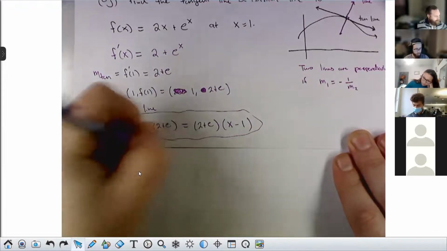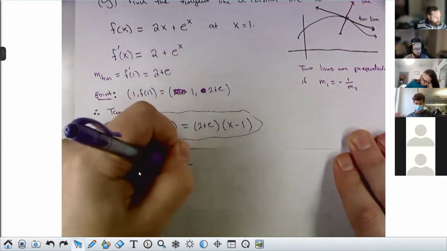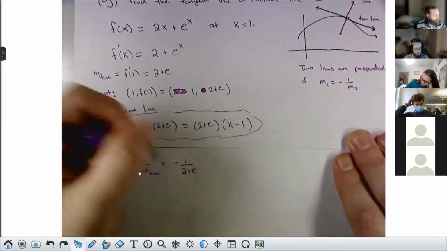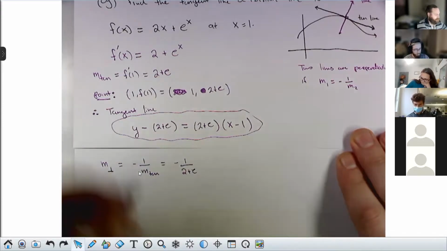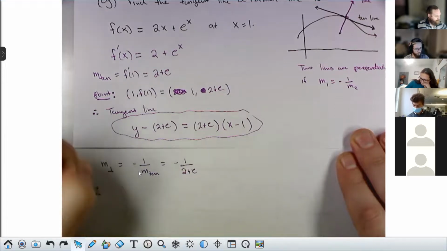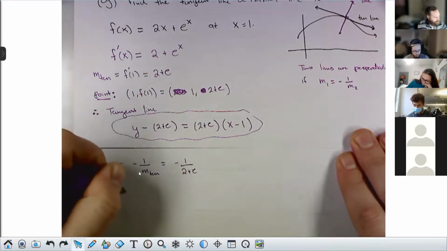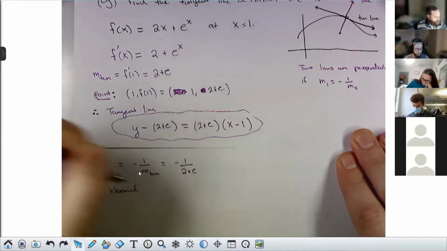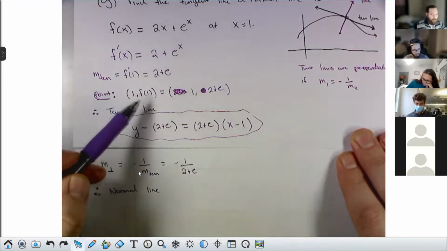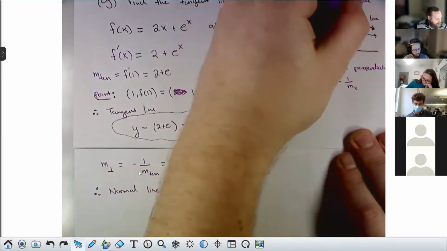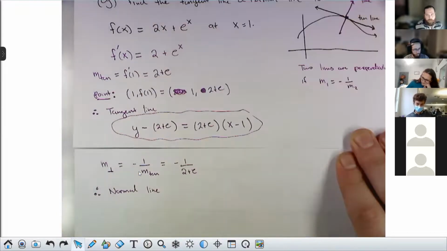So that's negative 1 over 2 plus e. Therefore, the normal line, we use the same point, right? Still 1 comma f of 1. The point of tangency is the same as the point of normalcy, if you want to call it that.